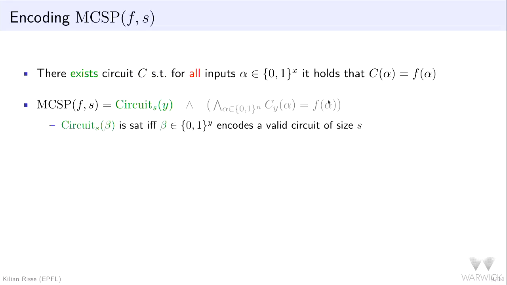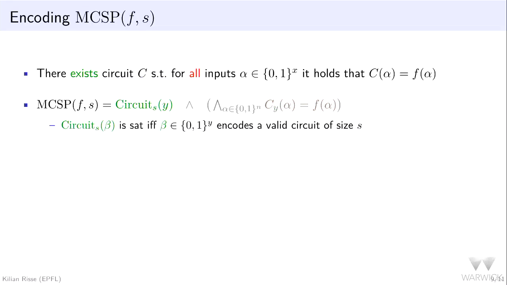So this first part of the formula is satisfied if and only if the assignment beta to the y variables encodes a valid circuit of size s. This part of the formula is of size s squared.